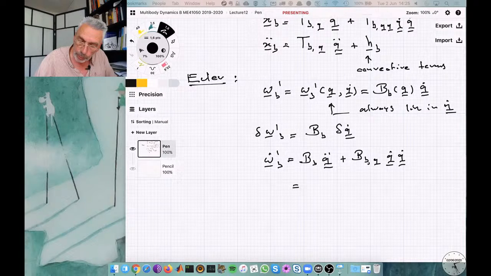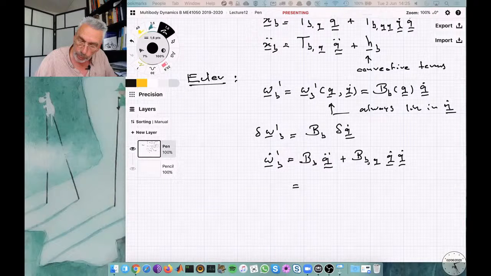So B q double dot plus, and I called them g_B, and we call these convective terms, these guys, just depending on the angles and the speeds.